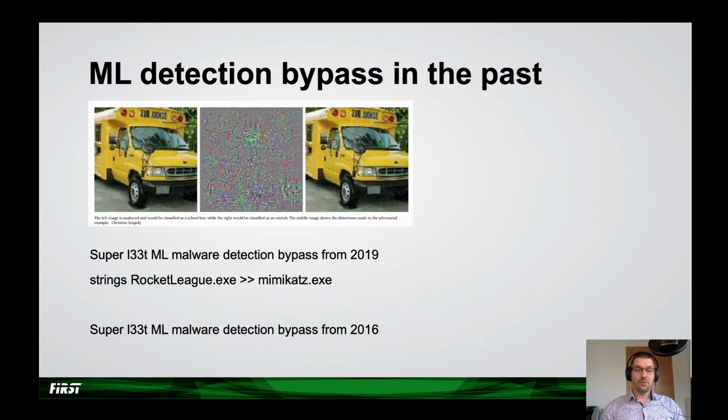And 5 years ago, I was already playing with machine learning based malware detection bypass. And 5 years ago, you were even able to do this with UPX. And if you are interested in the details of this game string attack, you can find the details on this link.